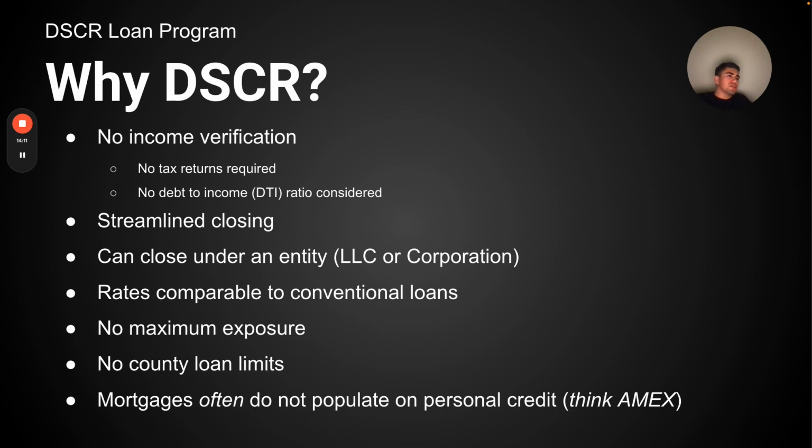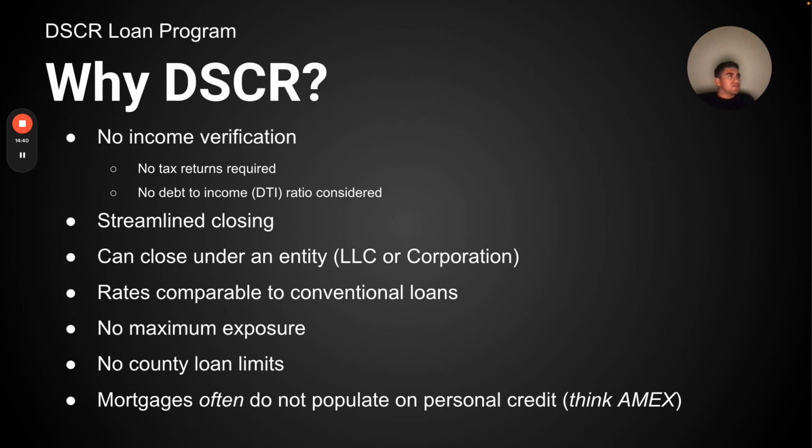Last point, which I think is overlooked, and it's maybe not pertinent to everyone, but these mortgages often do not populate on your personal credit. And I put in parentheses here, think of an Amex, right? So for example, if you get a business Amex card, typically that's not going to report to your personal credit unless you're derogatory, meaning if you miss a payment, if you're late on a payment, then yes, at that point, it will reflect in your personal credit.